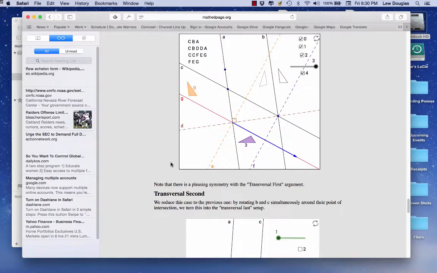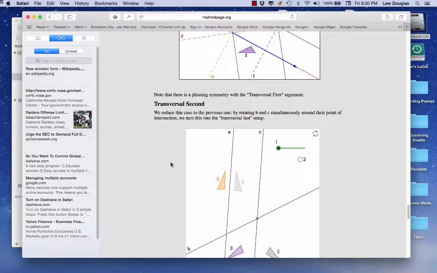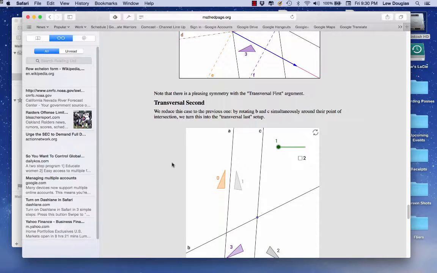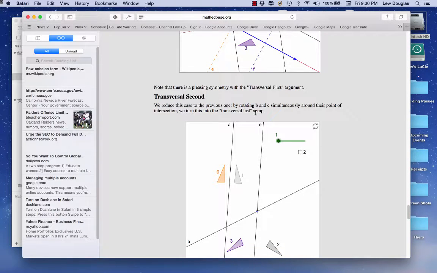Now transversal second simply reduces to that previous case. So we reduce this to transversal last. So right now the transversal B is second.